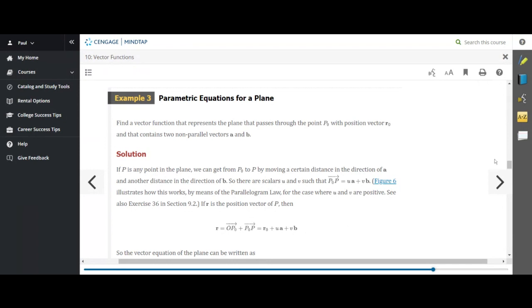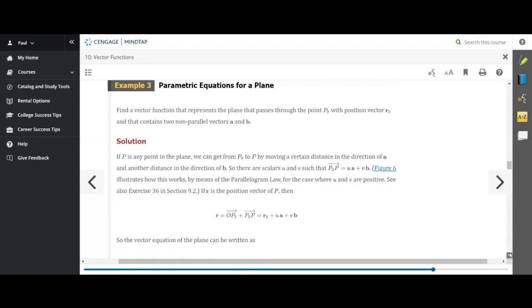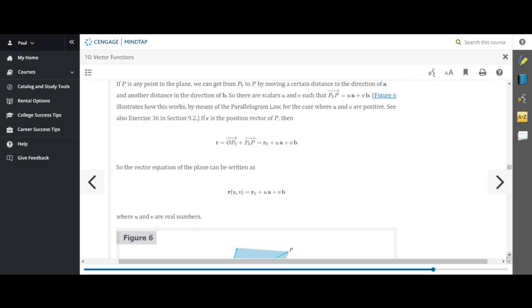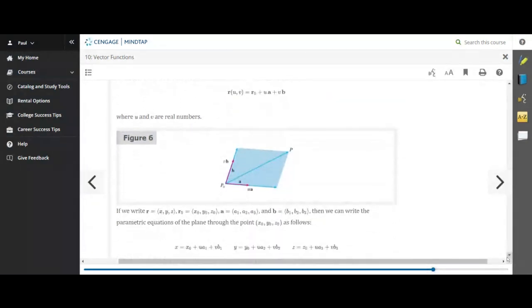So how would we do parametric equations for a plane? Well, look at figure 6 here. They have a plane, and in the plane they have two vectors, a and b. Let me bring this up just a little bit. I want both to be in here.